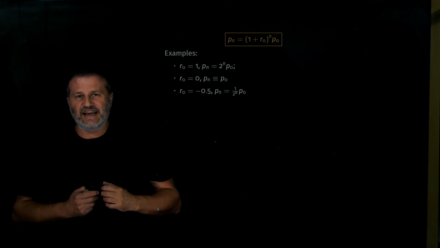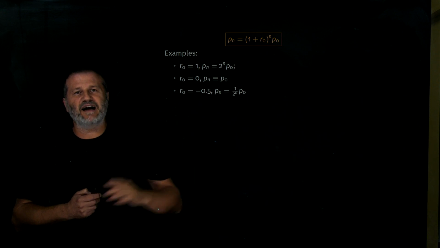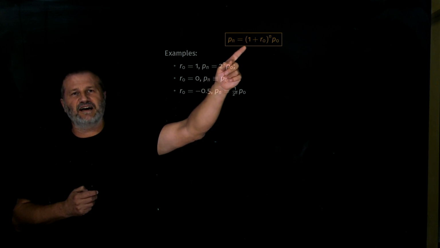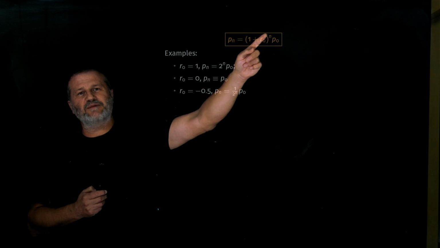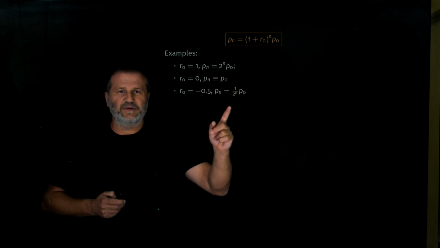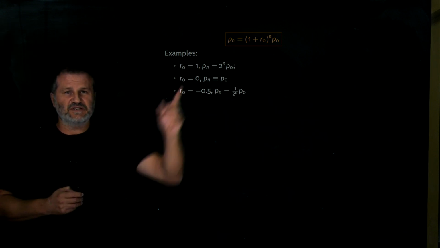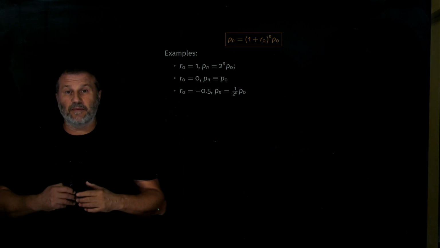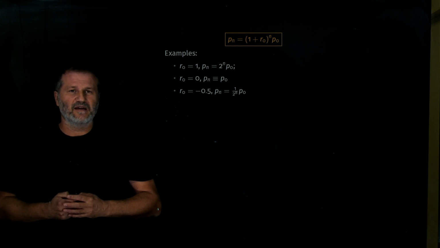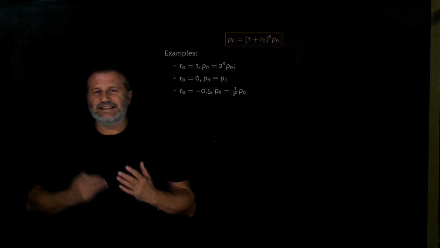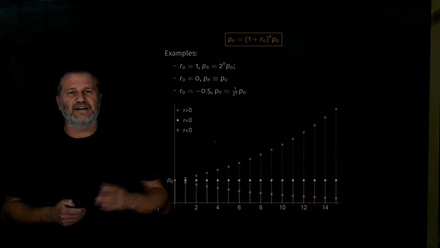If R0 is negative, for example -1/2, -0.5, plugging this in, we get 1/2 to the power n in the parentheses. And so Pn will be (1/2)^n P0. In this case, we see the opposite of the first example. The population halves every time. So in general, these are the three cases.